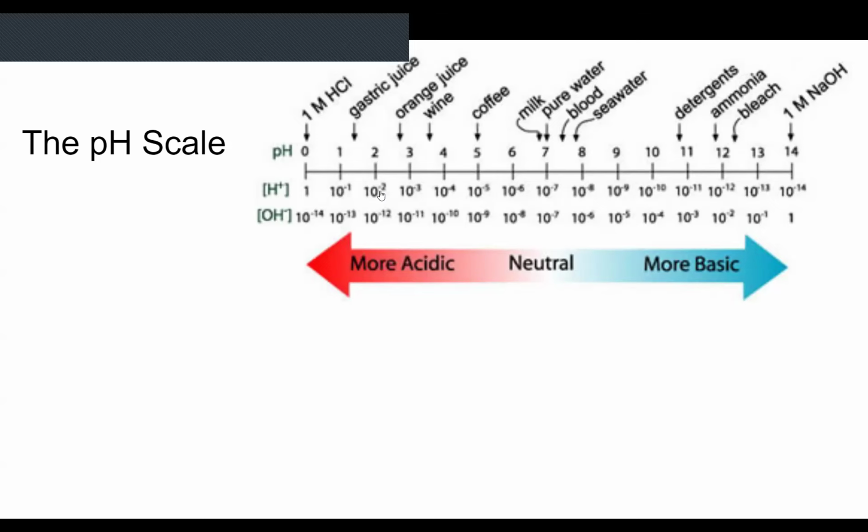From 10 to the negative first to 10 to the negative second, divide by 10 again. 10 to the negative second to third, divide by 10. At the same time, hydroxide ion concentration is going up by 10 with each step on the pH scale. 10 to the negative 14th, if you times that by 10, you get 10 to the negative 13th. And times that by 10, you get 10 to the negative 12th, and so on.